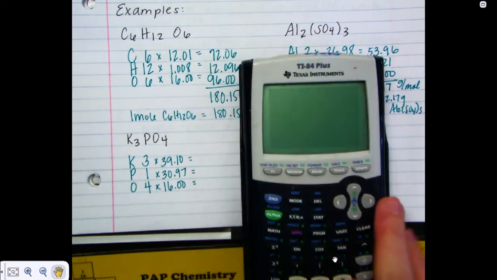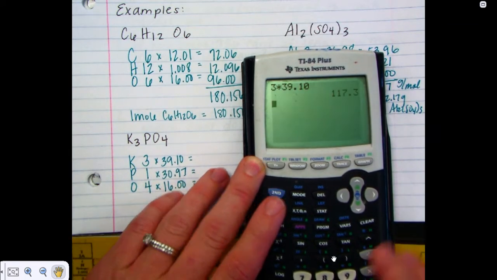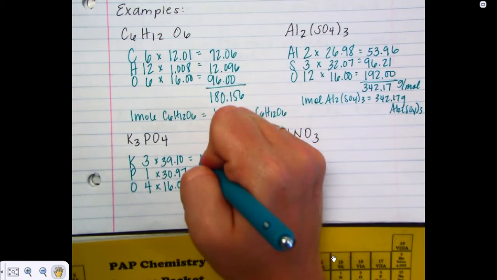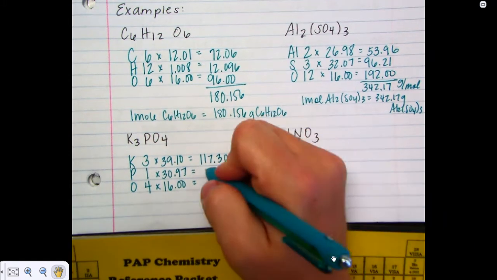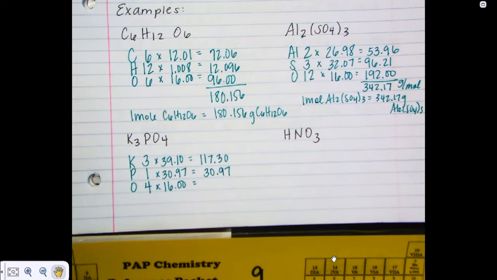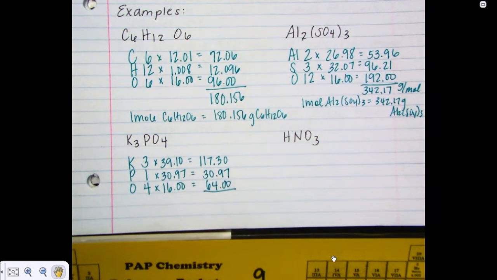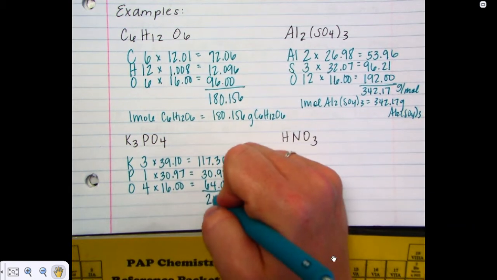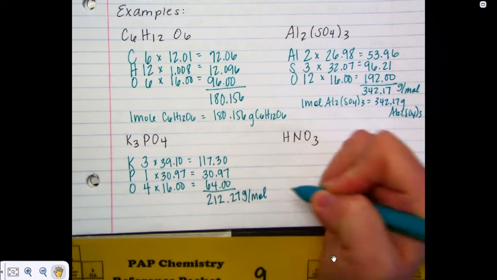So let's start doing our math. 3 times 39.10 gives me 117.30. We don't need to multiply this one because there's only one. And 16.00 times 4, 64.00. Add them all up. 117.30 plus 30.97 plus 64.00 gives me 212.27 grams per mole.